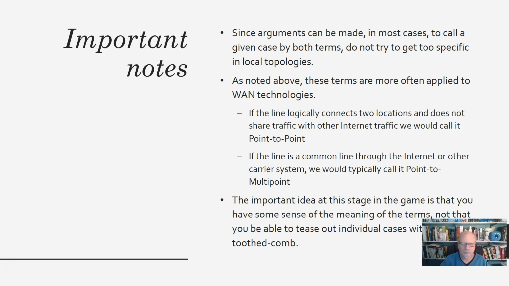And we have ways around that in which we would sometimes call it a point-to-point link. But again, primarily I would think in terms of, do the end devices ever see anybody else's traffic? And do any other devices along the way ever see the traffic? And if not, we would call that point-to-point. So again, don't try to overanalyze this.